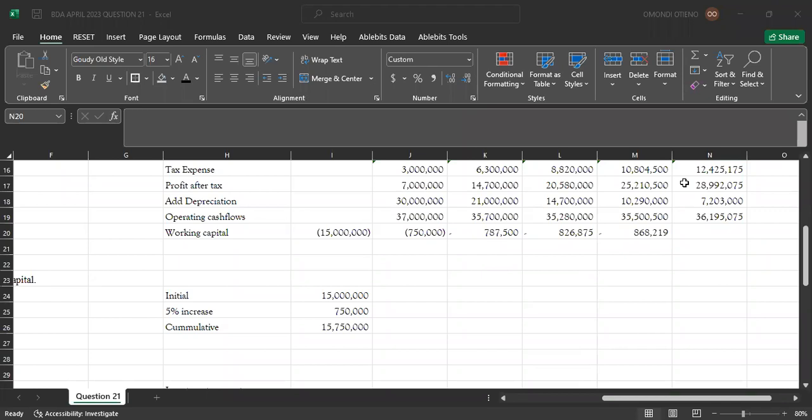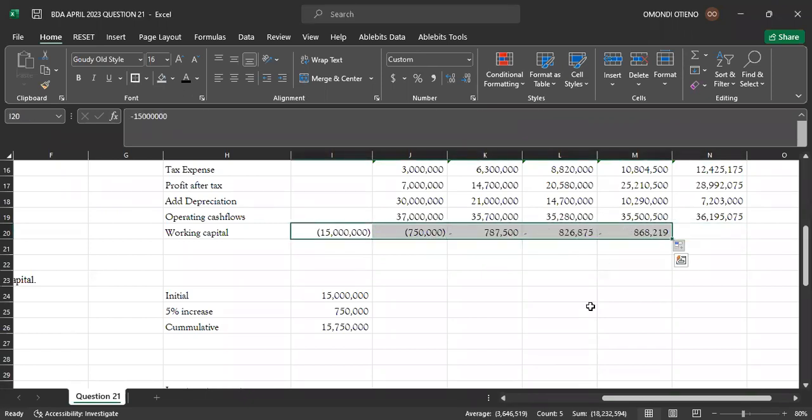The amount we are recovering is the summation of the total working capital that has been spent. The amount we are recovering in 2028 is equivalent to the summation of all these, which is 18,232,594.